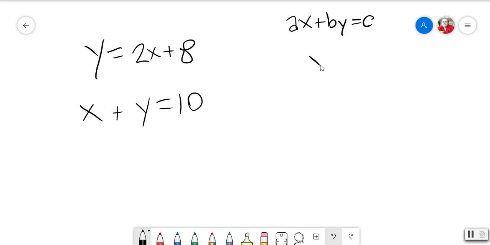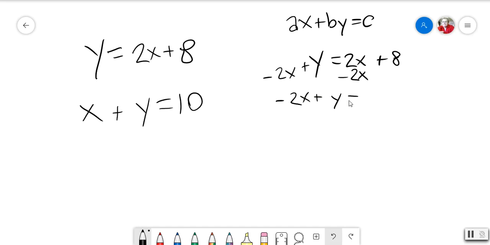The one that is not, y equals 2x plus 8, you've got to make it be that way. So it's very easy. You just subtract 2x from each side, which means you have to stick that implicit plus sign in. Negative 2x plus y equals 8. So now I take this newly reformatted equation, and I stick it underneath the other one.